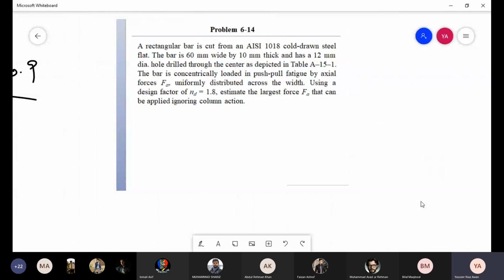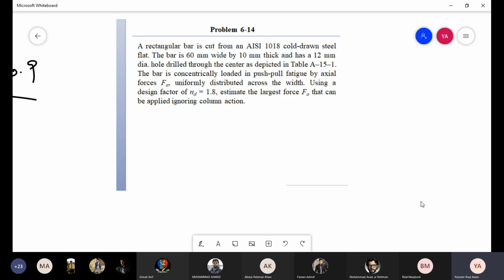Just to recap before going into this problem: for the stress-life method, we have learned everything to do with the strength parameter. All of what we have discussed deals with pure loading.